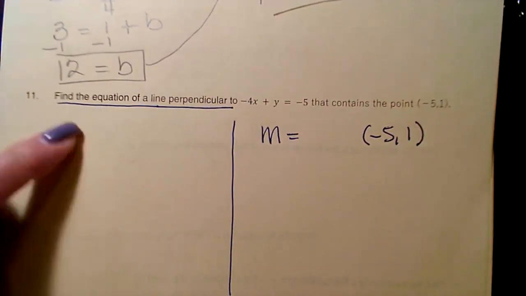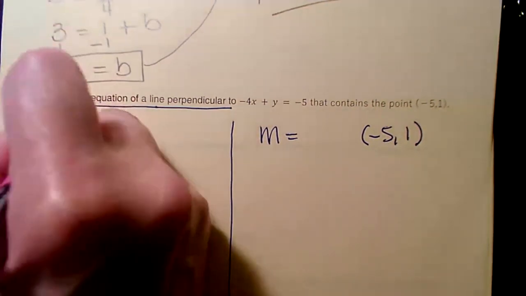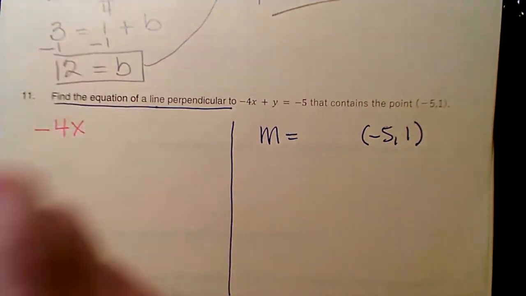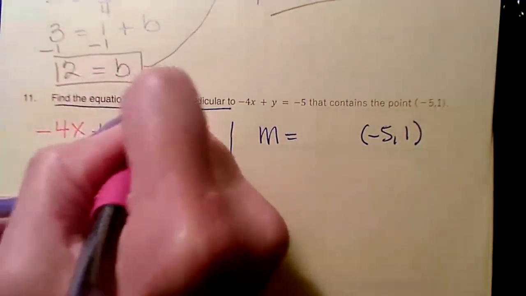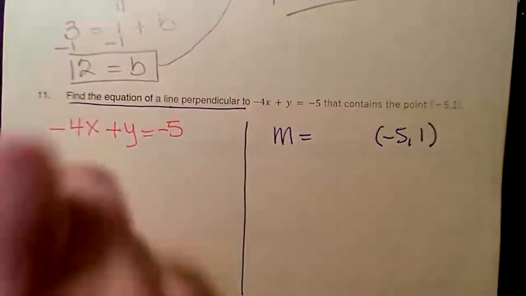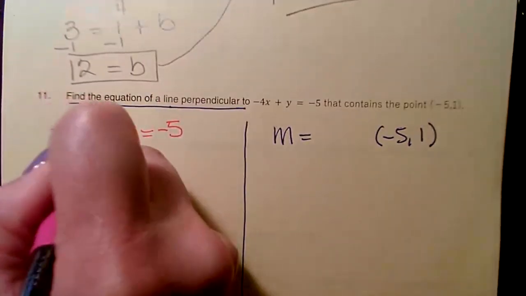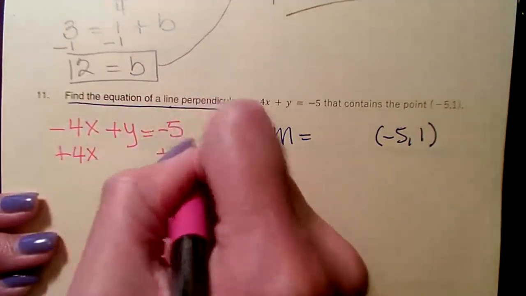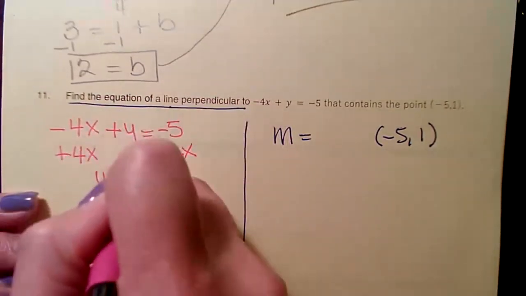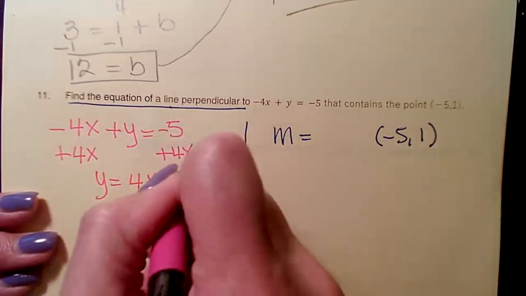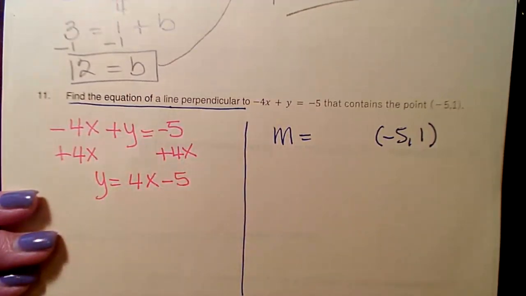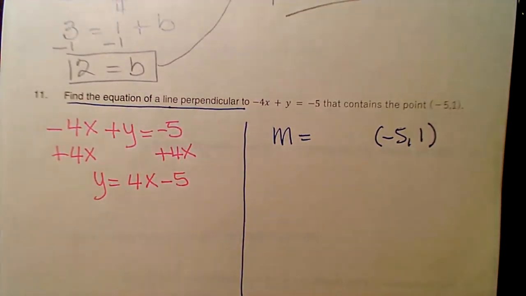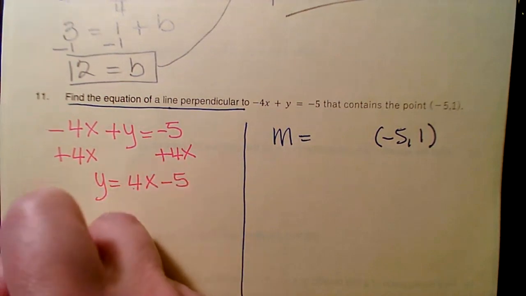And right here, I've been given this one, 4x plus y equals -5. So let me get it in the form of y equals mx plus b. So y is equal to -4x - 5. Right? Now, what's the slope here?